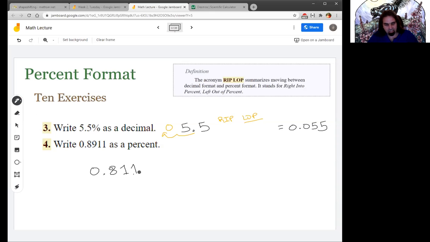Okay, then for this one, we have 0.8911. Now are we going into percent or out of percent? Think about that more than left and right. That's what I was trying to say. Yeah, into percent. We want it to be a percent. It's not a percent yet. So we'd go right.